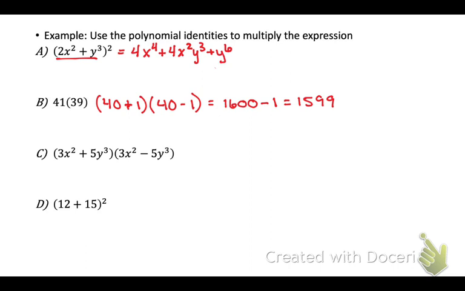You need to square the first term and square the last term, and there's going to be a negative in between them, right? So what is 3x squared squared? 9x to the 4th minus 25y to the 6th.